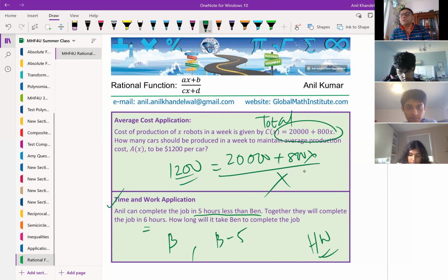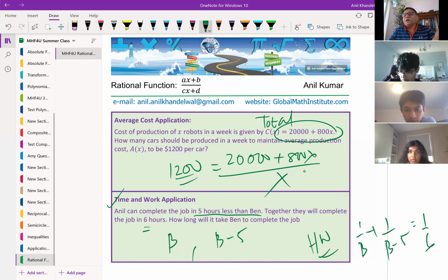Total time is 6 hours. In 6 hours, how much of the whole job will be done by Anil and how much by Ben? 1 over B plus 1 over B minus 5. You get the idea, reciprocal. And in 1 hour, we will do only 1/6 of the job.